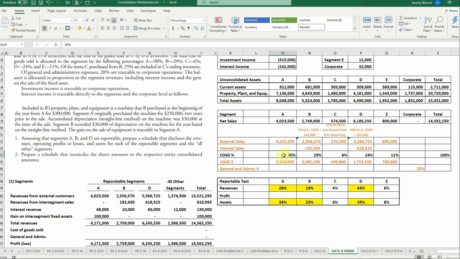So A's cost of goods sold rate is 30%, B is 29%, and so on.